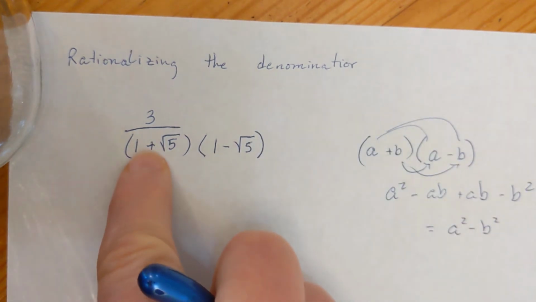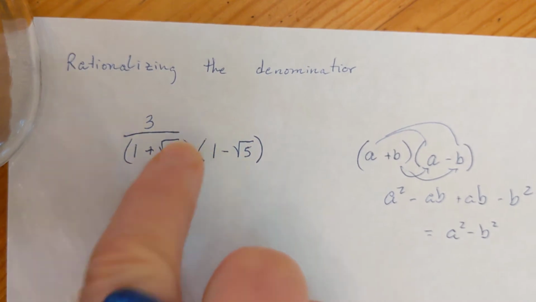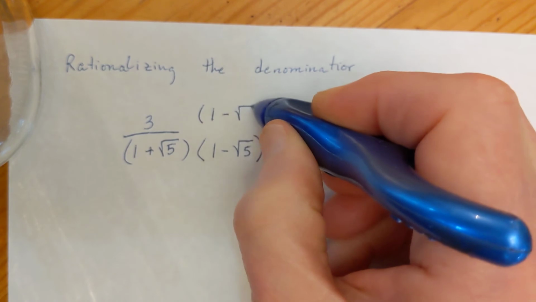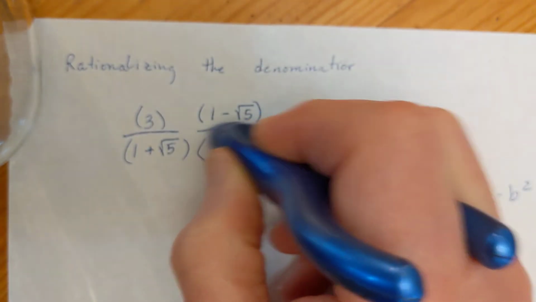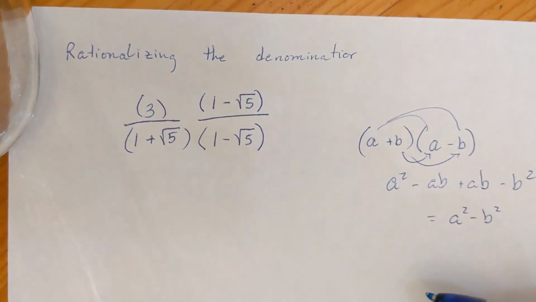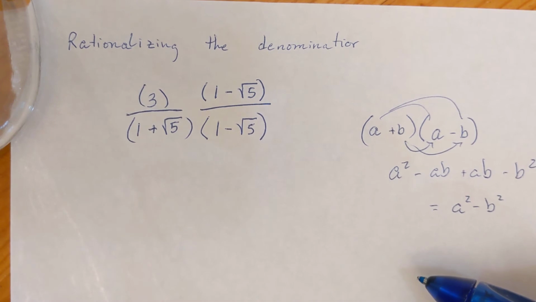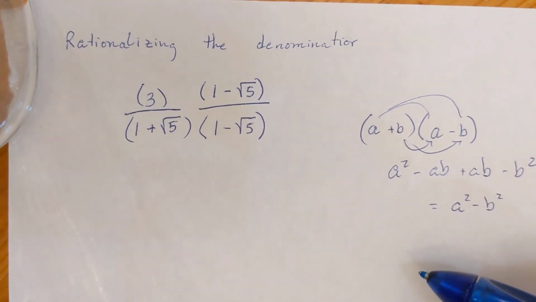And so that's going to have the opposite sign here. This is addition, this will be subtraction, everything else will be the same. Of course, to keep my fraction equal, I have to multiply the numerator by the same thing. Yes, I'm still going to end up with an irrational number, but I'm going to have a denominator that is rational.